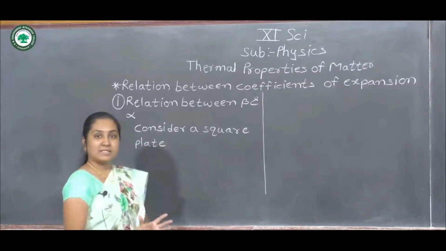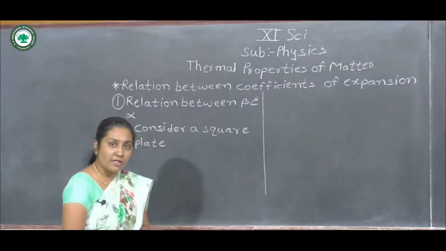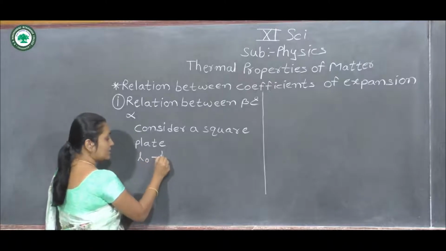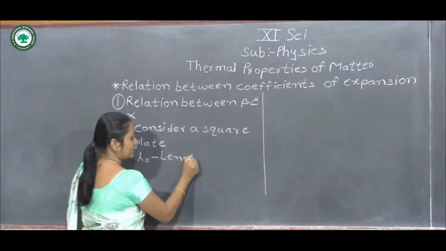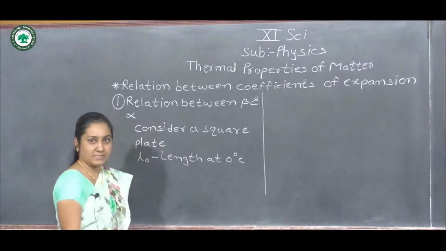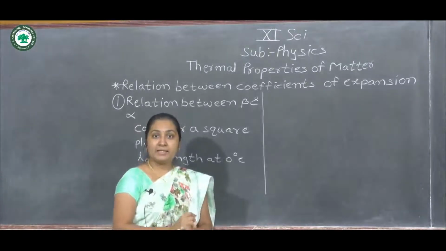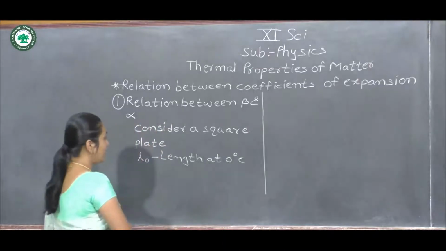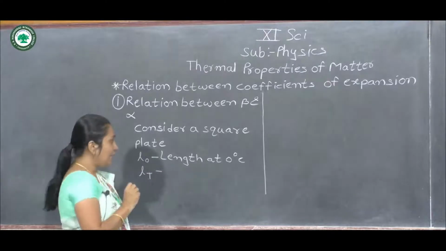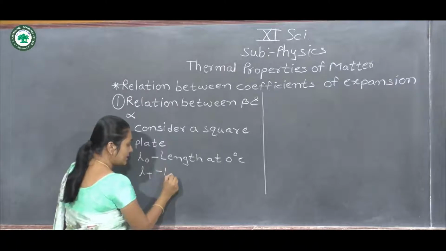In this square plate, the length of the square plate at 0 degrees Celsius is L0. Similarly, the length of the square plate at T degrees Celsius is denoted as LT.